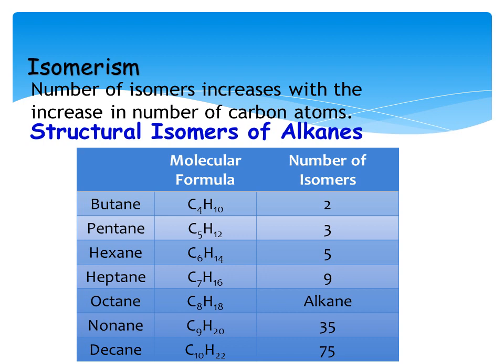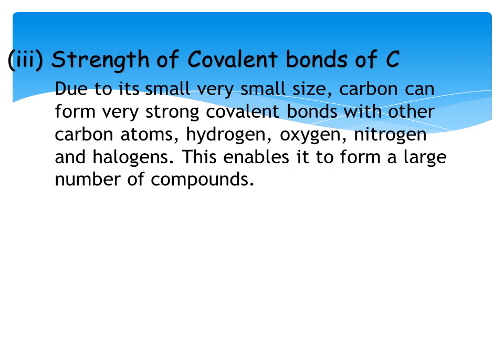Isomers basically start from butane; methane, ethane, and propane don't possess any sort of isomers. The possible number of isomers in the case of butane is 2, pentane 3, hexane 5, heptane 9, and octane 18, while nonane has 35 and decane has 75 possible isomers.